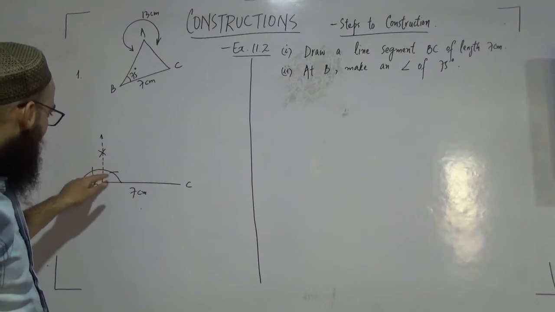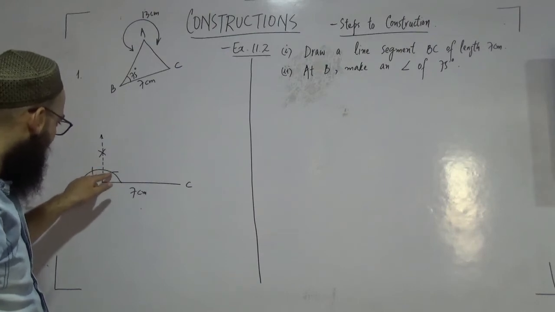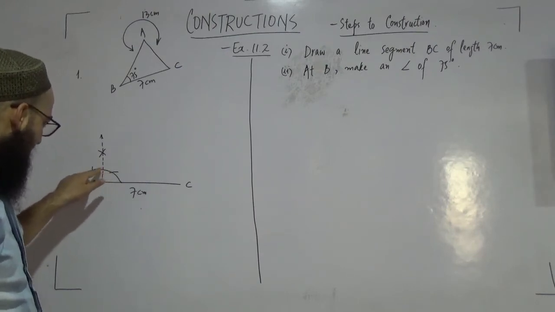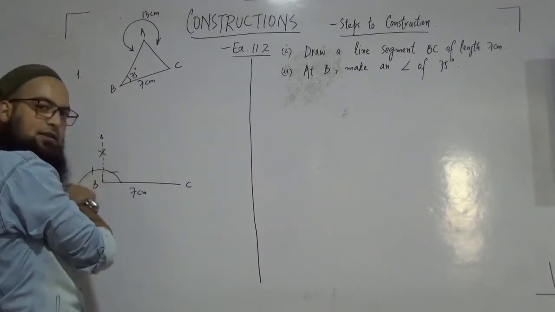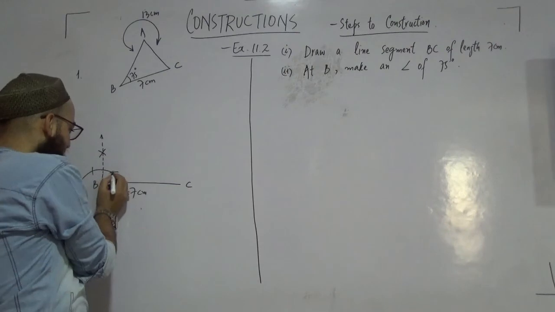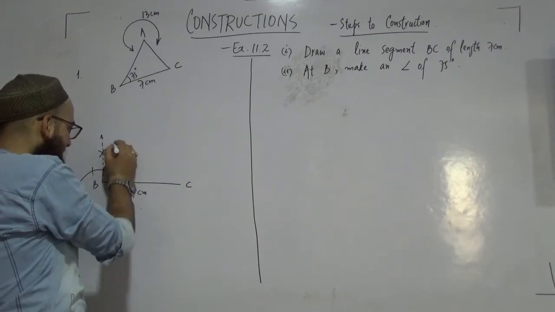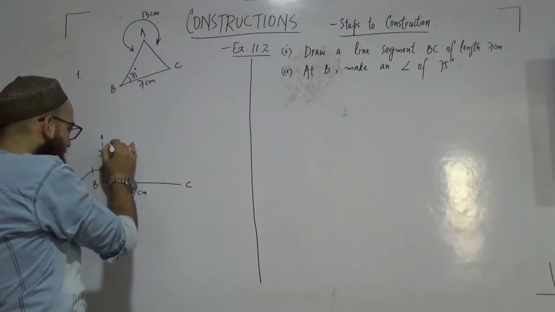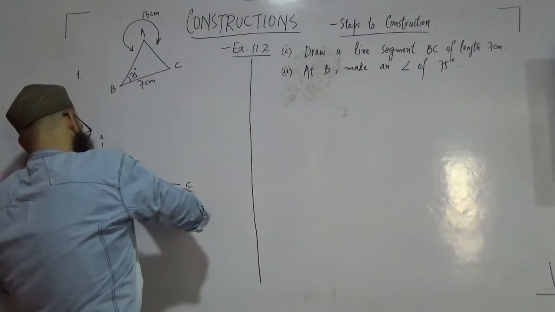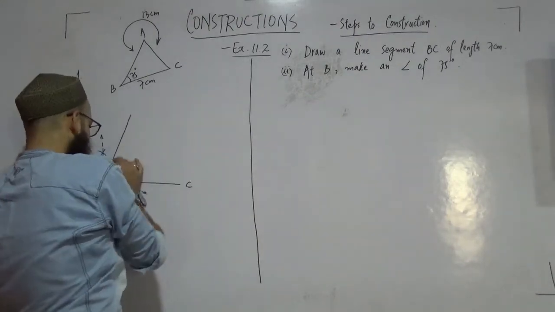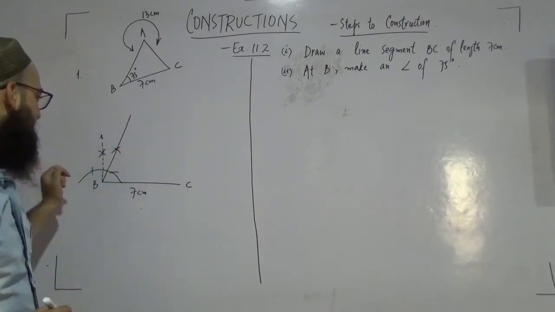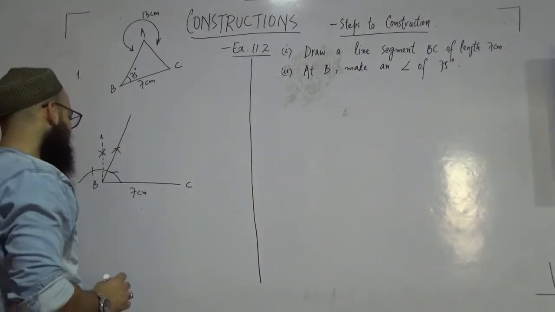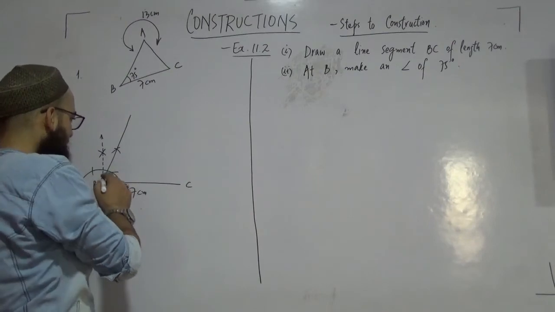Then with the arc of 60 and this one, where the ray of 90 intersected the main arc, with this as center, draw one arc. With this as center, one more arc. Then when you join, you'll get 75 degrees. Got it?